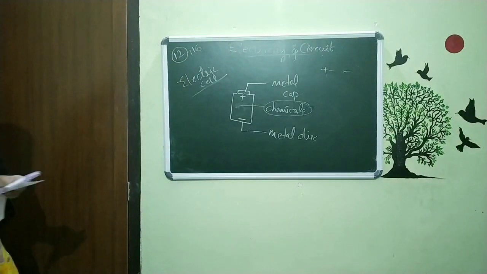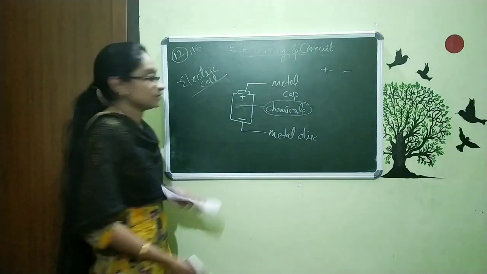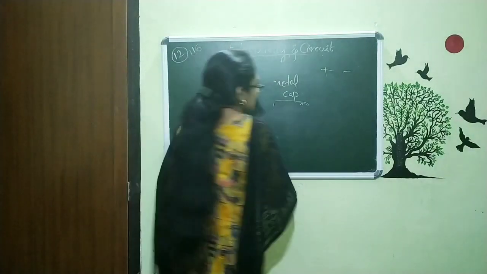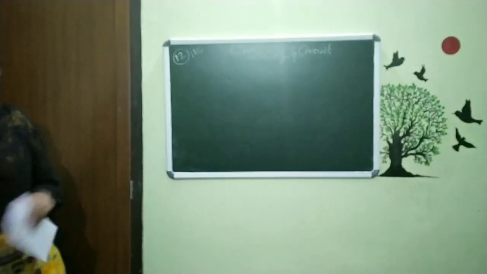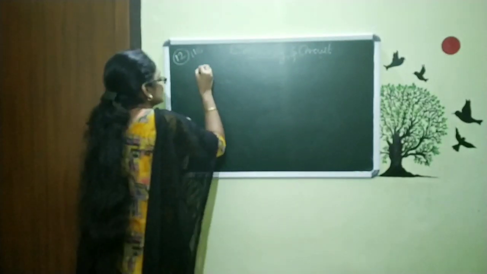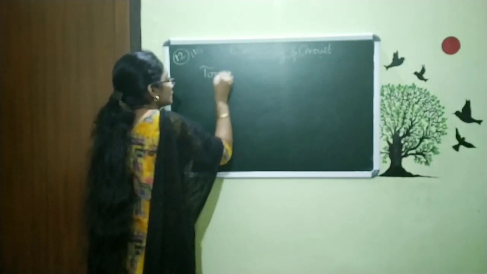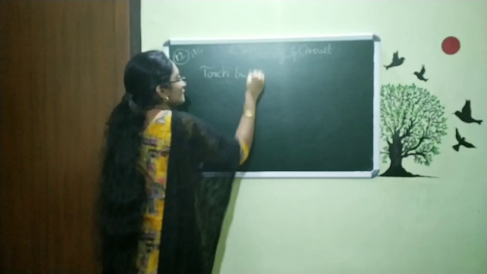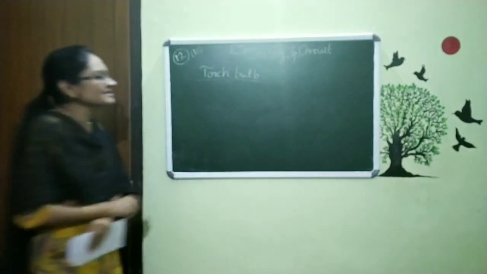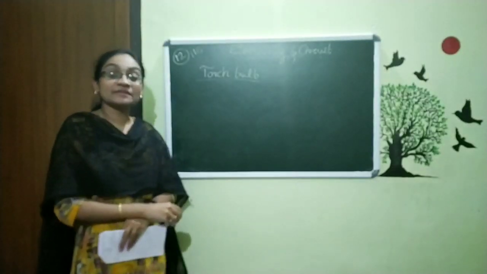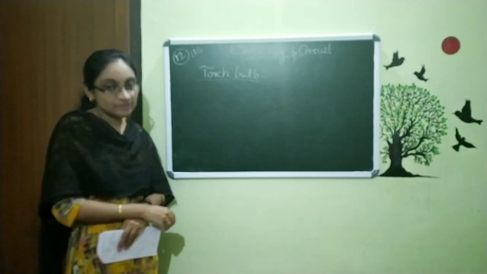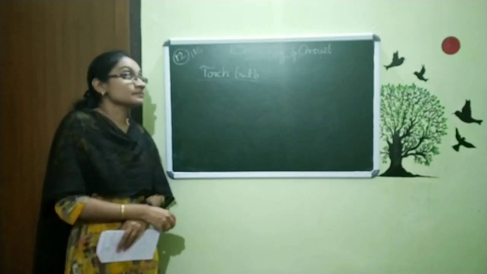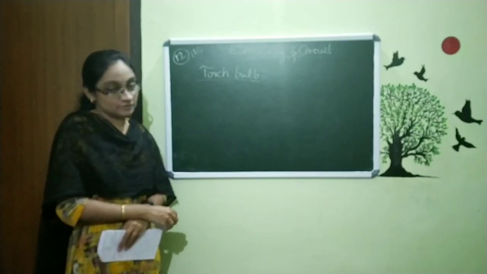Now we are going to discuss the bulb. Here we are focusing on the electric bulb that we fix in the torch. So, the torch bulb. Actually here we are discussing the filament bulb, not the LED bulb.